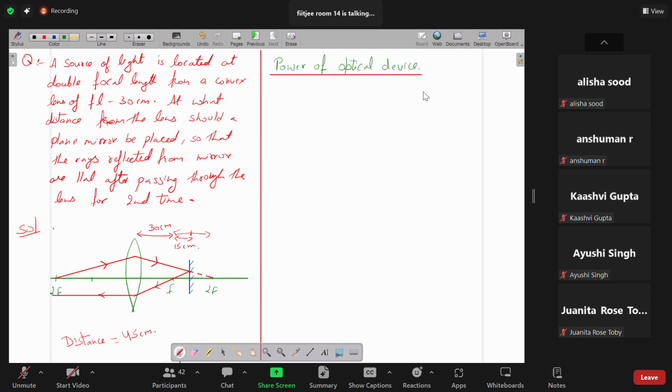It is the ability of an optical instrument to deviate the path of rays passing through it.